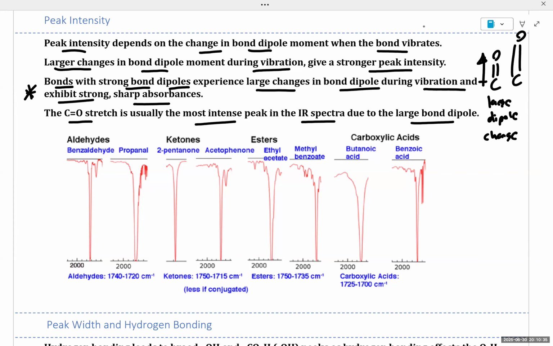As you can see, for aldehydes, ketones, esters, and carboxylic acids, this very, very strong, very, very intense peak corresponds to the CO stretch. And it's often a signpost that you have a carbonyl present in your molecule.